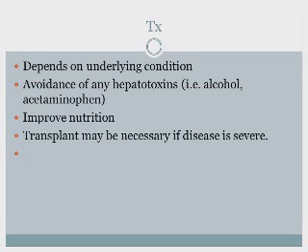If you already have a liver problem, avoid certain hepatotoxins such as alcohol, acetaminophen, as well as any drug that can go through the liver and cause it to be overworked, and improve your nutrition. But like I said, the main treatment you can have is receiving a new liver, having a liver transplant.